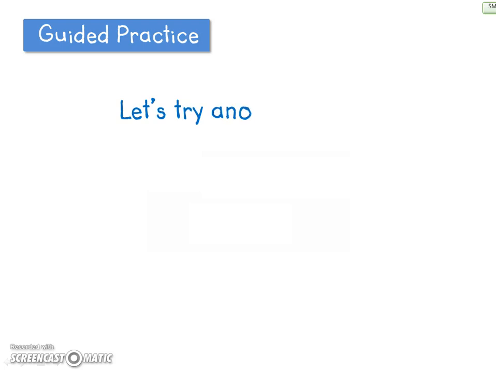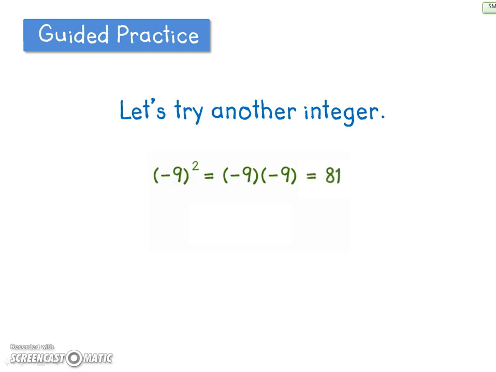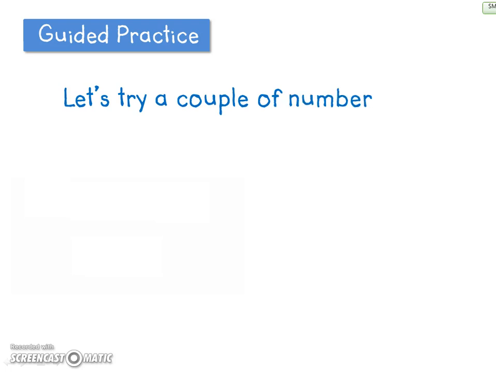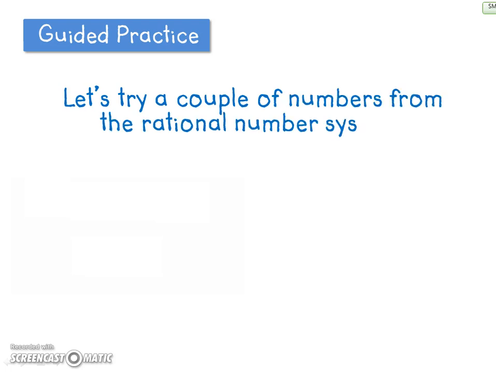So back to the guided practice, let's try another integer. Let's square -9. So (-9) squared is equal to -9 times -9, which is equal to +81. So (-9) squared is also positive. Let's try a couple of numbers from the rational number system. (5/8) squared is equal to 5/8 times 5/8.